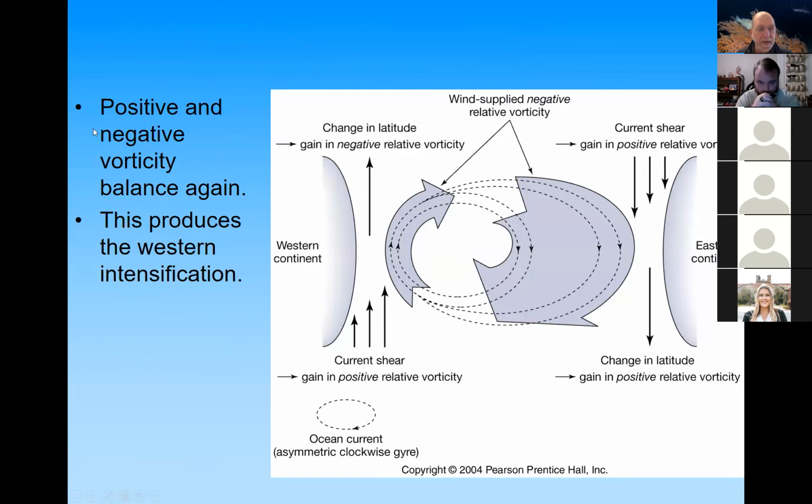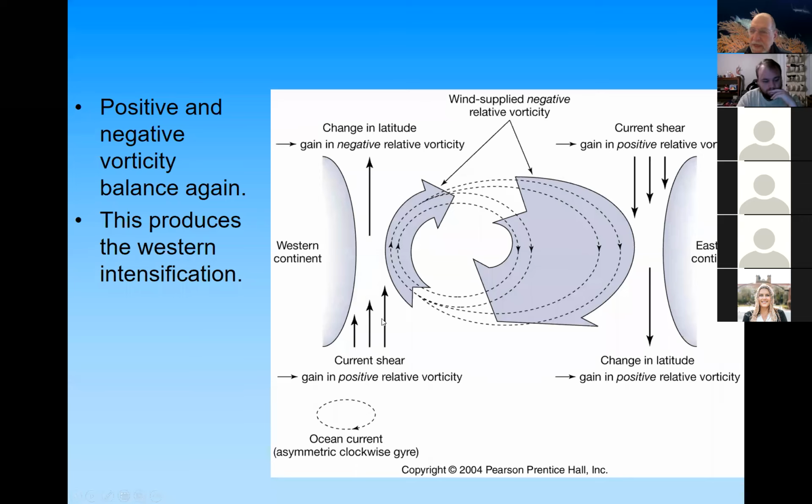We can understand positive and negative vorticity tend to balance, and this produces western intensification. So as water is flowing northward from the Gulf and forming the Gulf Stream, there's an acceleration as you move away from the eastern coast of North America.